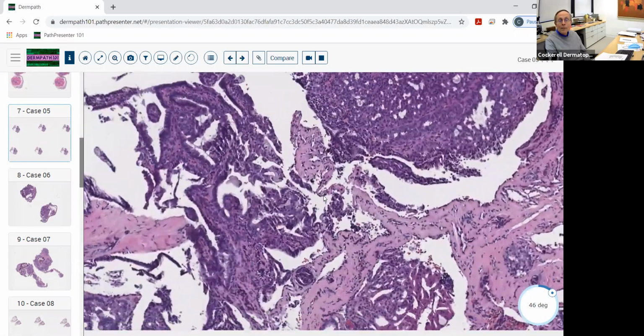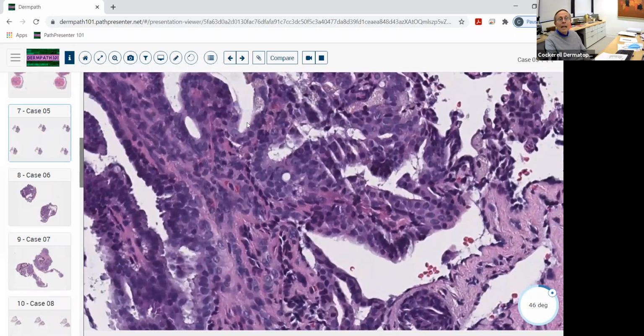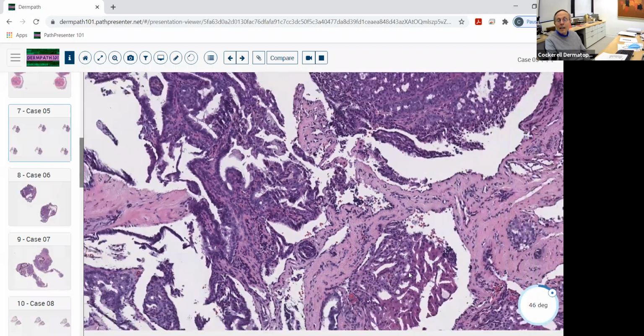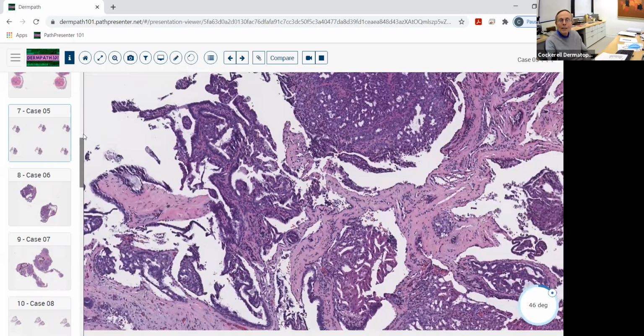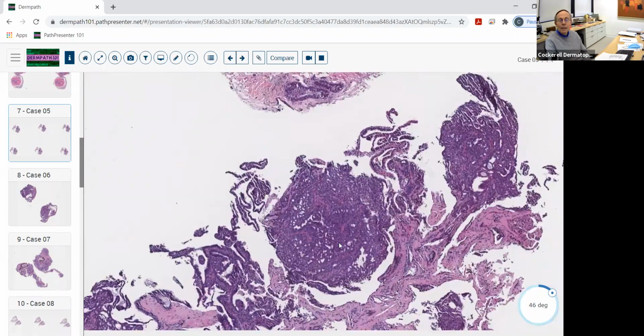And notice, if you go to higher magnification, it's got that same kind of differentiation that we've seen before. Apocrine differentiation up here. There's some snouting. Here you see some examples of that again over here. Nice example. And it's got a papillomatous component to it. And in some areas, it's even got a solid component to it.